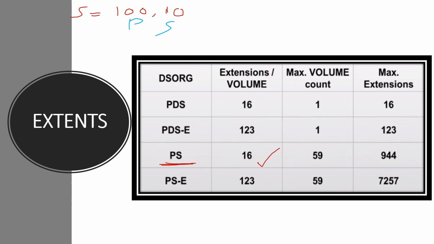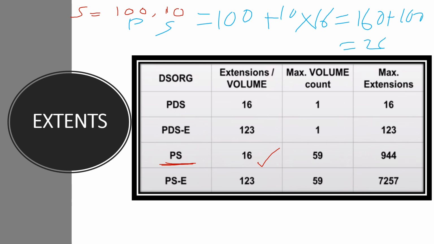That is 100 plus 10 into 16, that is 160 plus 100, that is 260 tracks, depending on the space unit. If you're giving tracks, cylinders, or blocks, it changes for blocks, you know, right?